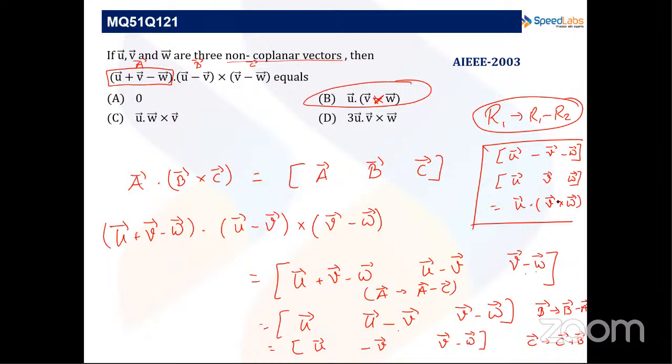Okay, so this is equivalent to U dot V cross W. What we have done here is we have treated it like a determinant problem.